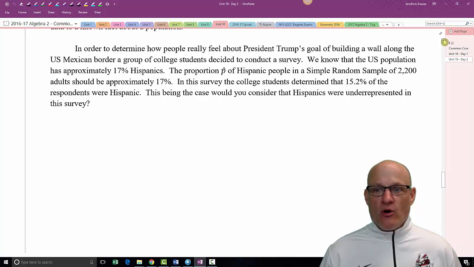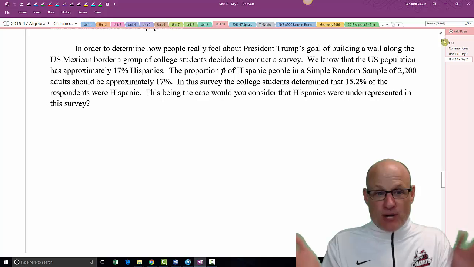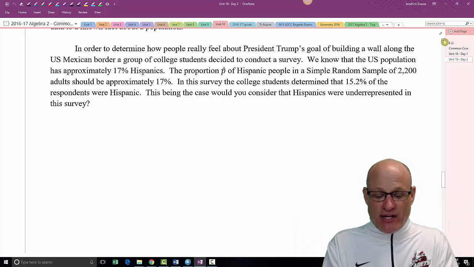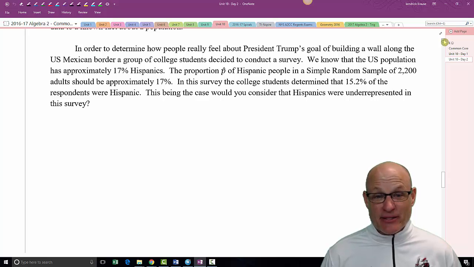So, we know that the U.S. population has approximately 17% Hispanics. That is a fact. I didn't make that up. The proportion p-hat of Hispanics in a simple random sample of 2,200 adults should be approximately 17%.